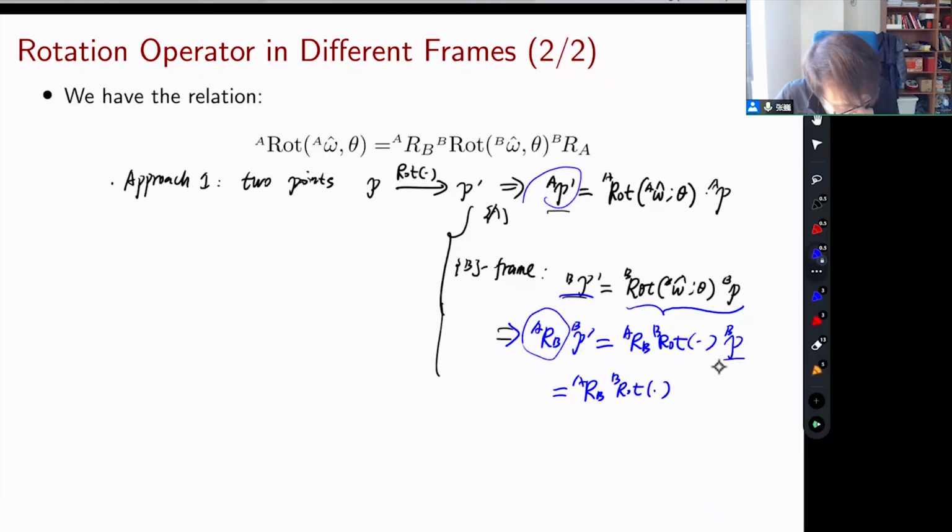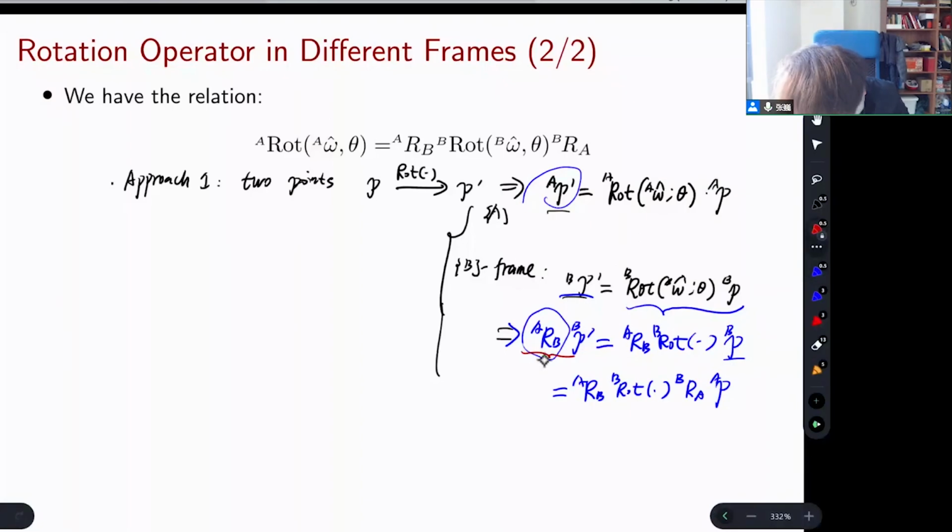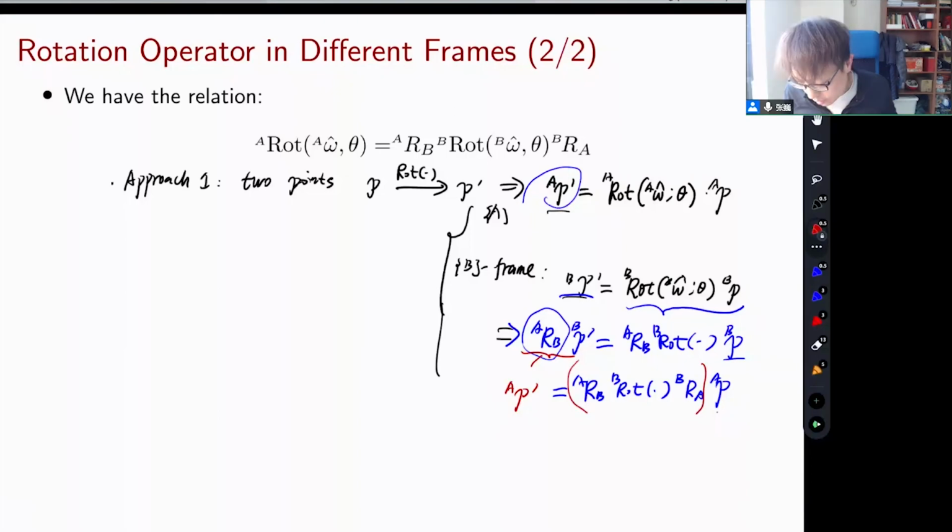PB equals R_AB times P of A. If I multiply the rest, this whole thing becomes P prime A equals this whole thing times P A. I think I'm right.